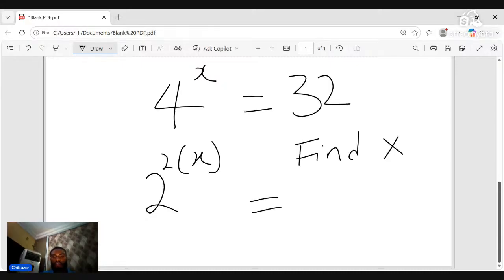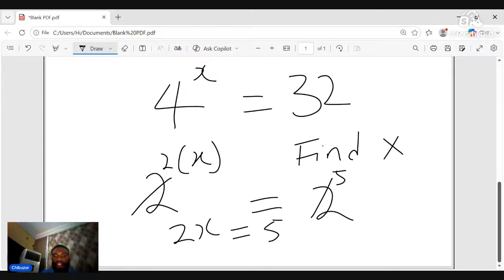And also say 2 raised to power 5. 2 raised to power 5 is equal to 32 now, right? So since we now have that 2 raised to power 2x is equal to 2 raised to power 5, we can now cancel out the bases and say 2x is equal to 5. That means x is equal to 5 over 2.